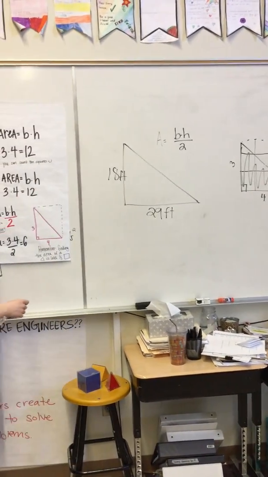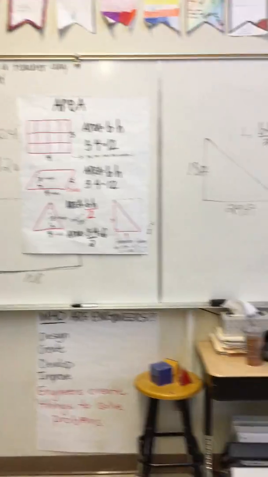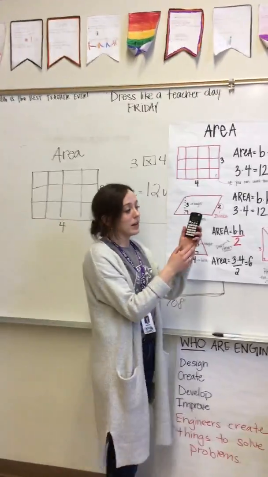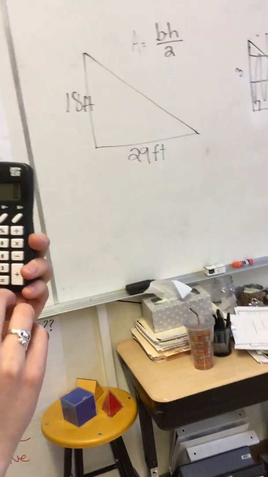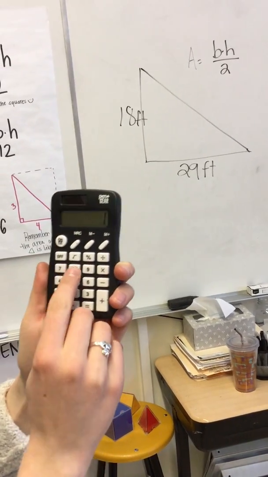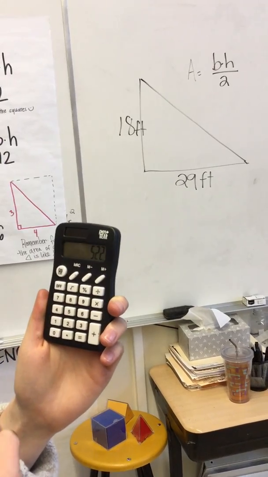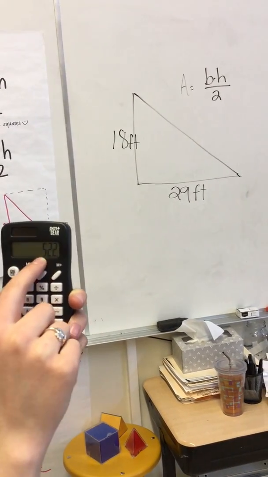Just like before, what nifty tool can we use on this assignment, Mr. Onken? Calculator. So first thing I'm going to do is take my base, which is 29, times my height, which is 18. Okay, so I got 522.